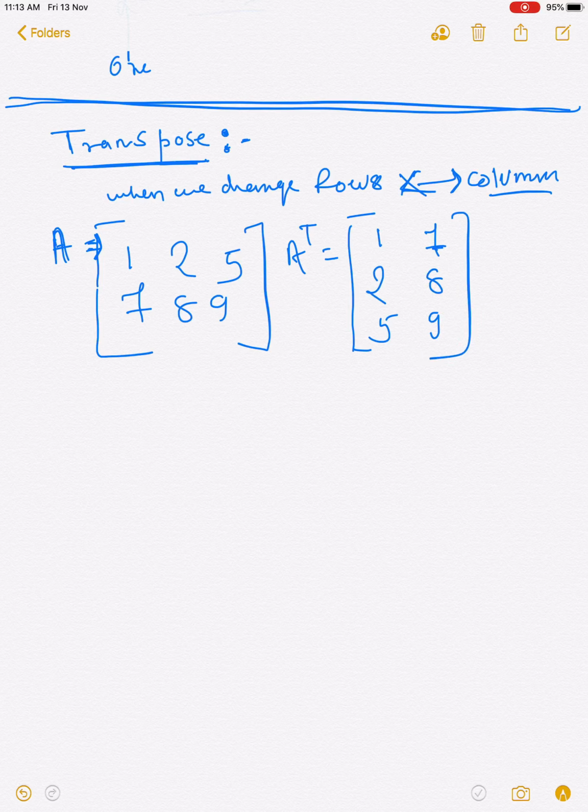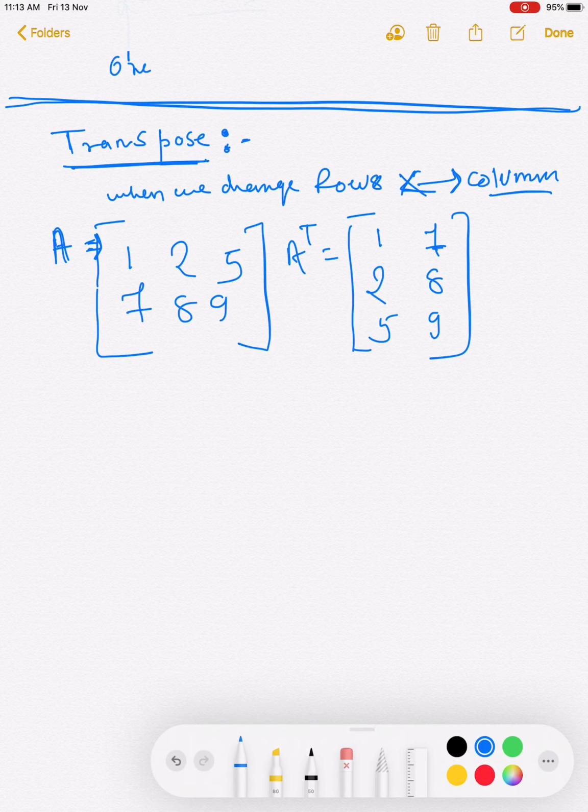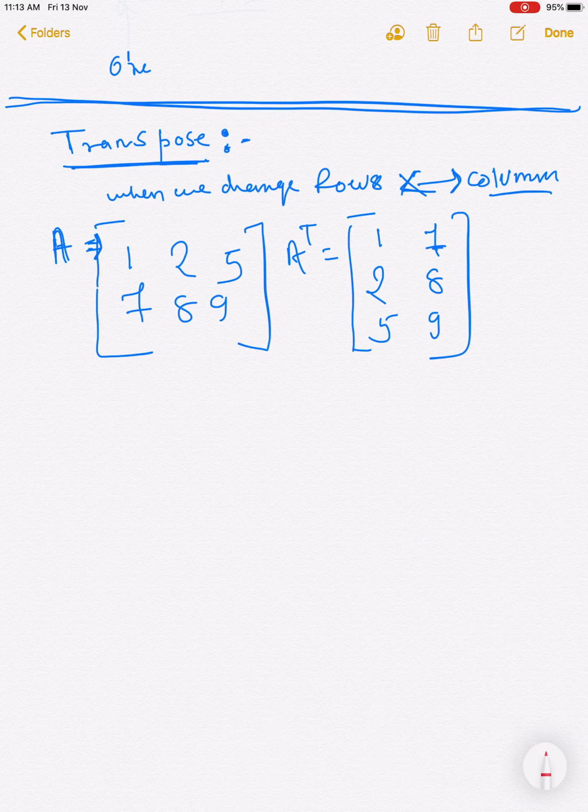What have we done? I am showing you. This is the first column of our matrix A. Then that column takes the position of the first row of A transpose.